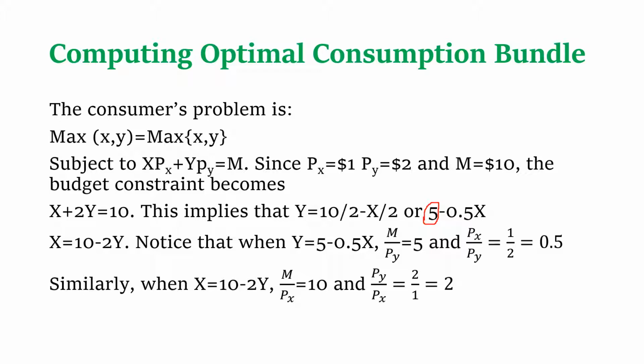And remember, this minus 0.5 is just the relative price of the two goods, which is PX over PY, right? PX is 1, and PY is 2. So 1 over 2 is 0.5.